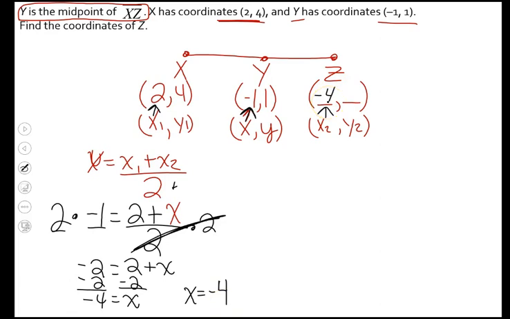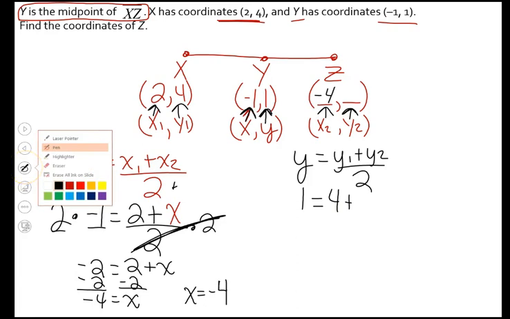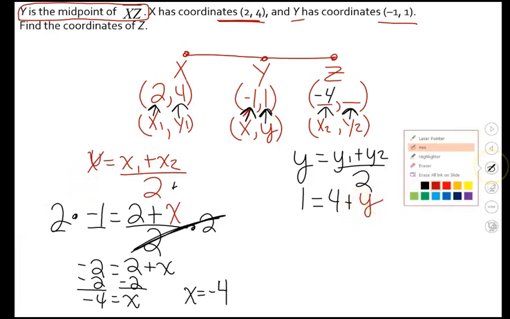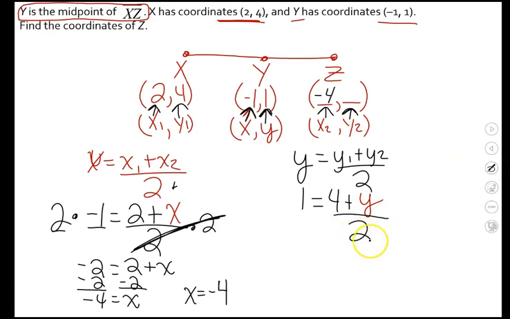Now let's do the same for y. y equals y1 plus y2 divided by 2. We substitute. I have a y, it's there. y equals 1. y1 equals 4. y2, that is what we're looking for. That is our unknown. And I'm going to change the colors on that so you can see what we're solving for. Over 2.